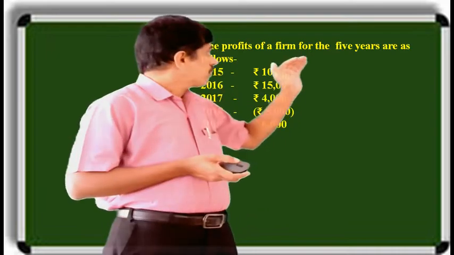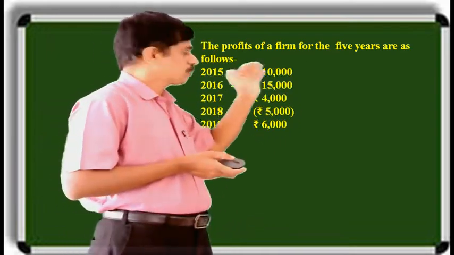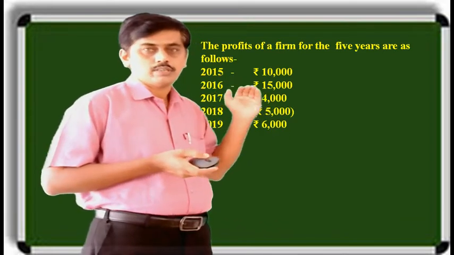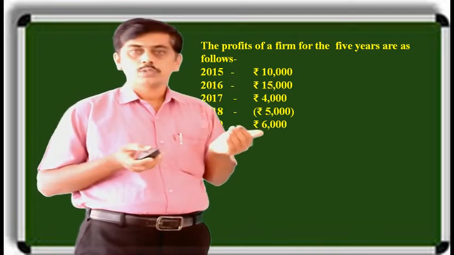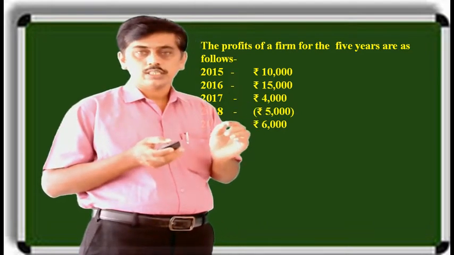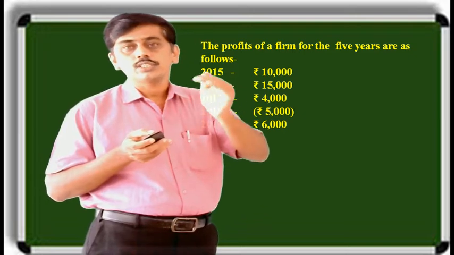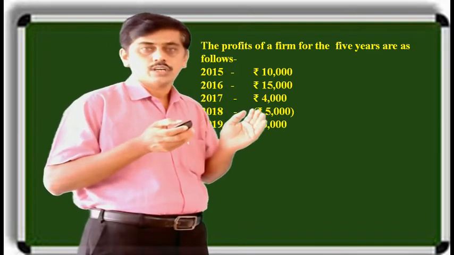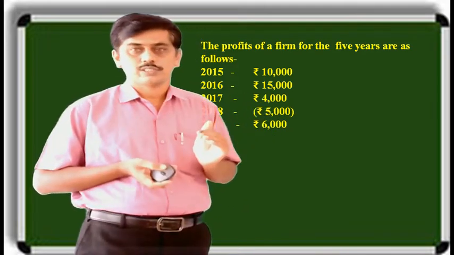The profits of a firm for the 5 years are as follows. 2015 rupees 10,000, 2016 rupees 15,000, 2017 rupees 4,000, 2018 in brackets rupees 5,000, which means it is a loss, and 2019 rupees 6,000.